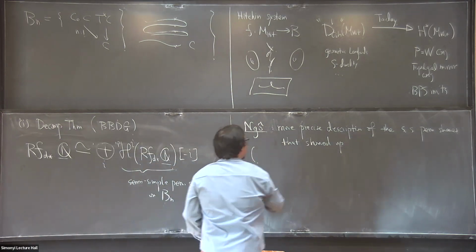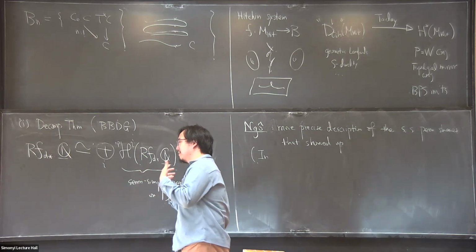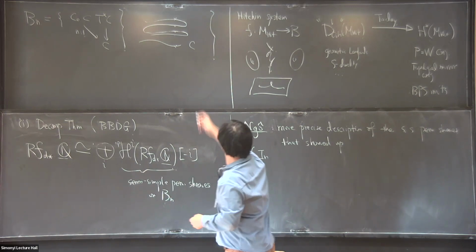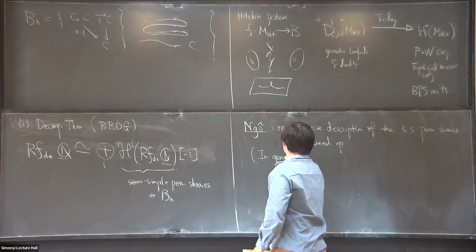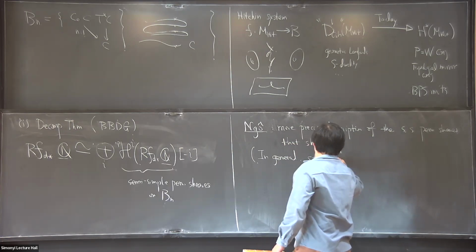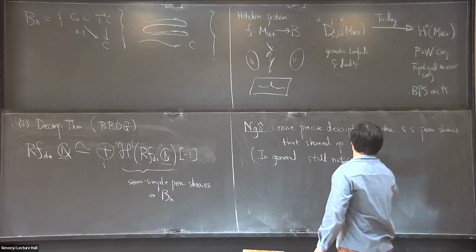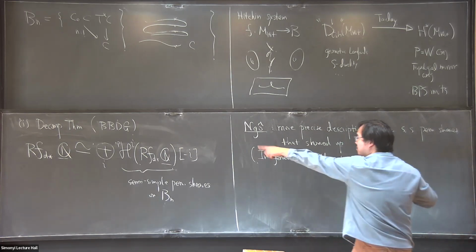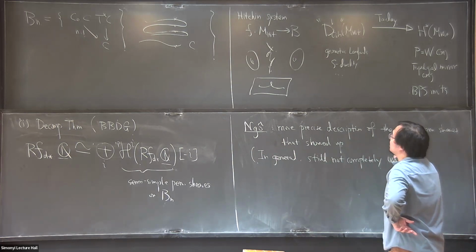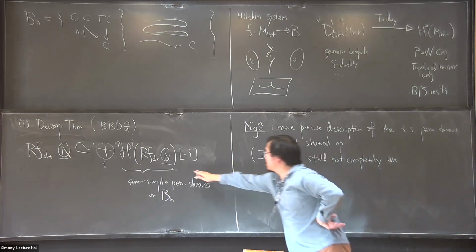But let me mention that in general, when the spectral curve is non-reduced, for example where the curve is broken and you have multiplicities, it is still not completely understood. It's not even classified what all the supports are that would show up on the right side.